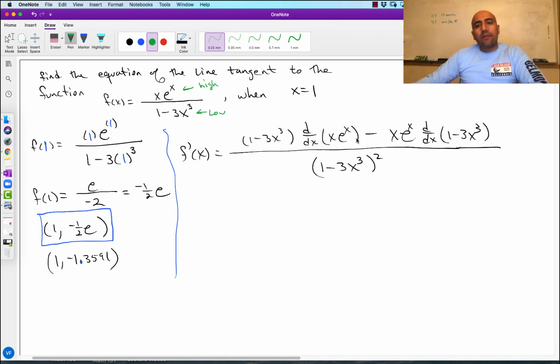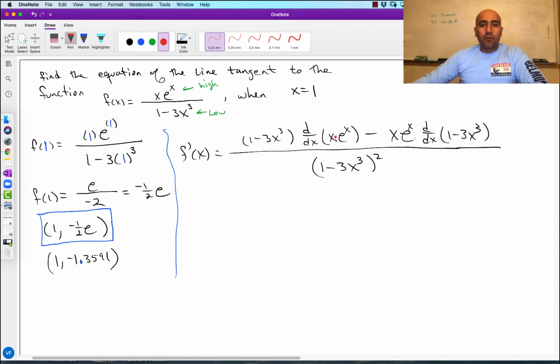Luckily, oh, wait a minute. This is going to be a product rule right here. This one's a very easy denominator. This one's not quite as easy, but it's really not that bad. So I'm just going to squeeze it right above here.